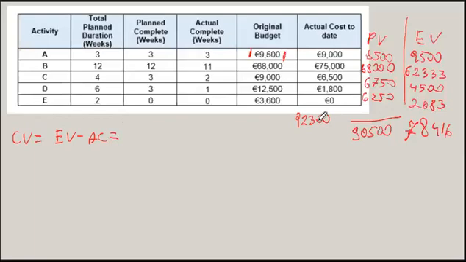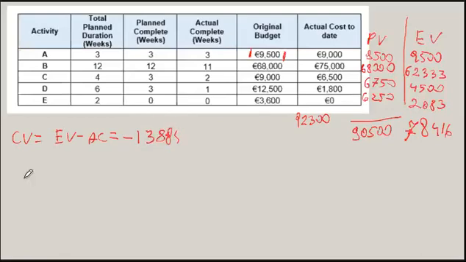So the cost variance is negative 13,884. We're 13,884 over budget.